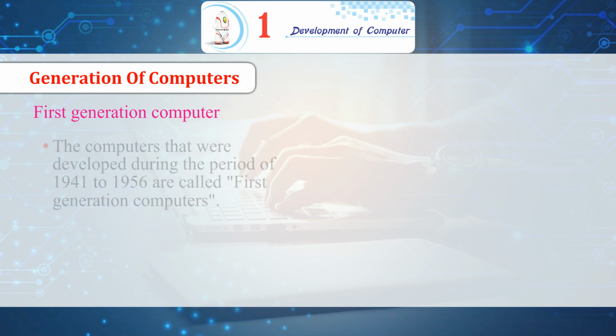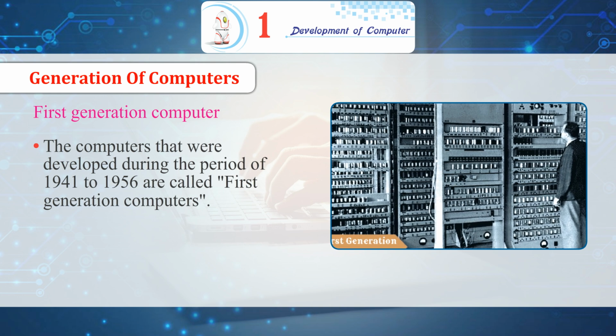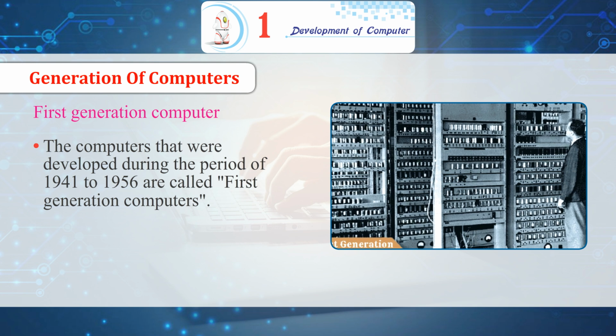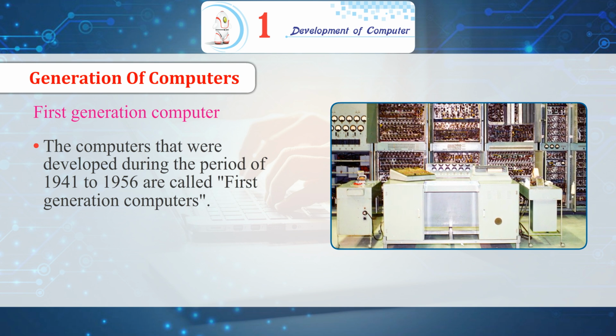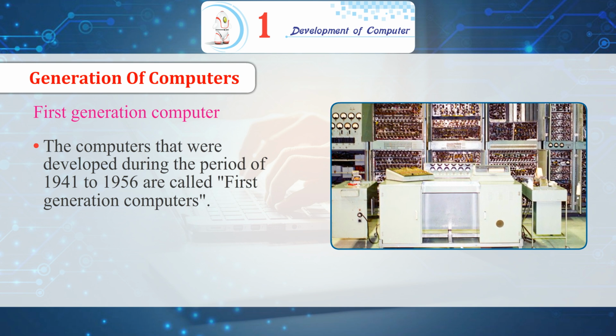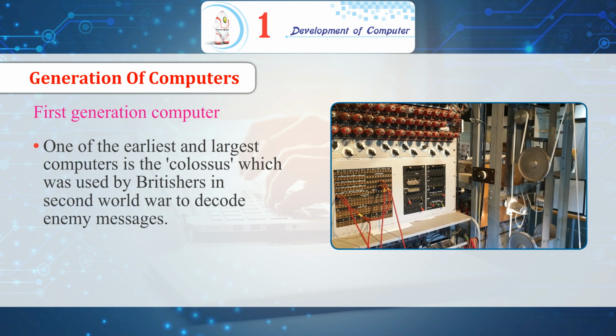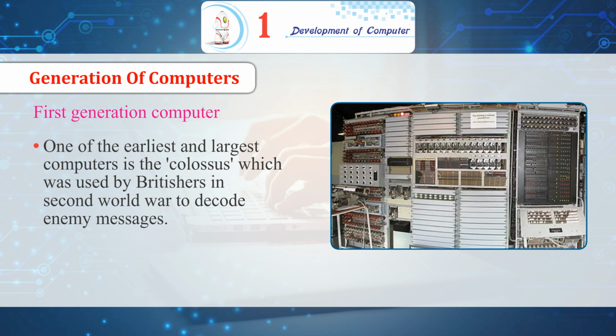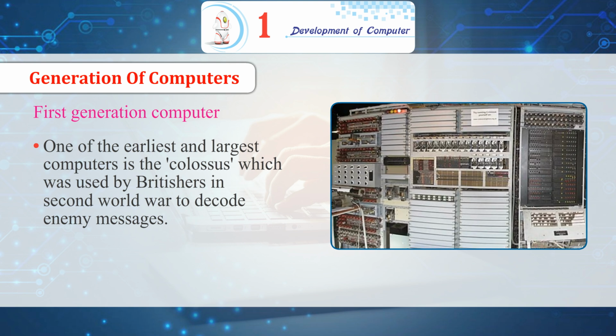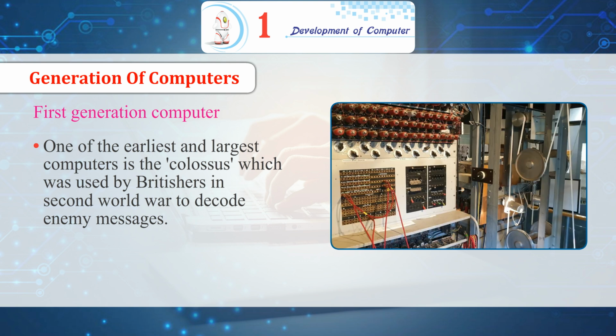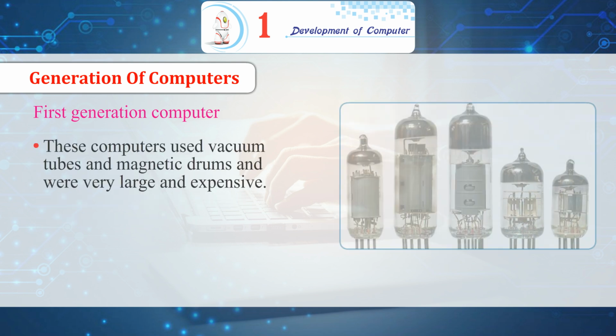First generation computer. The computers that were developed during the period of 1941 to 1956 are called first generation computers. One of the earliest and largest computers is the Colossus, which was used by the British in the Second World War to decode enemy messages.